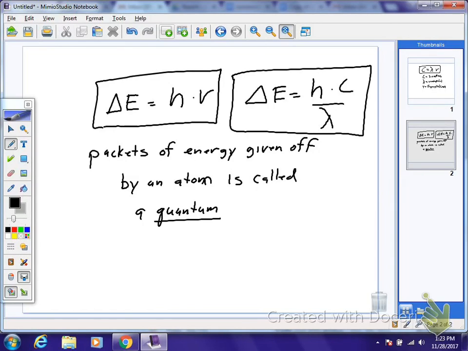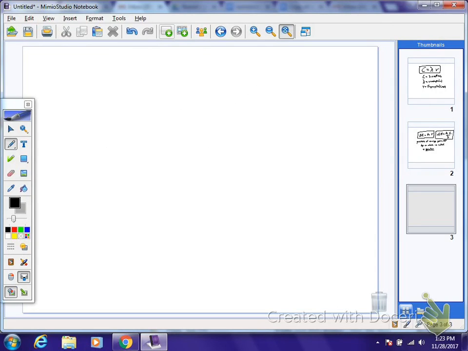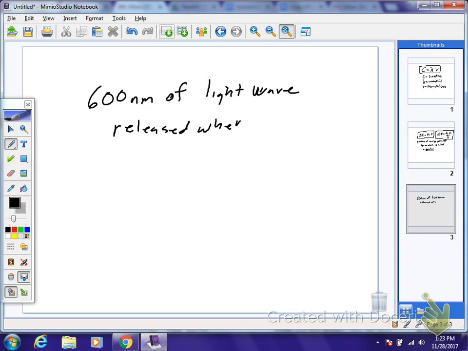Okay? So I'm just going to look at one problem, and you guys tell me what you think and how I would solve it. So I've got 600 nanometers of light released when lithium is heated.